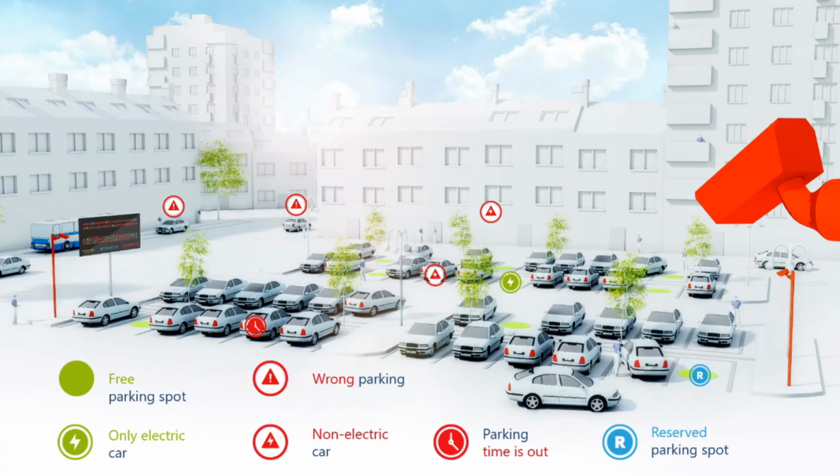Parking detection can also be a combination of both approaches that I was talking about. So it can be in and out monitoring with the license plate detection at the entrances, and then the area-wide monitoring with the vehicle tracking to its final destination.